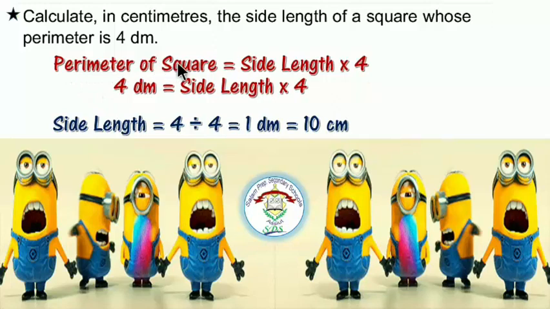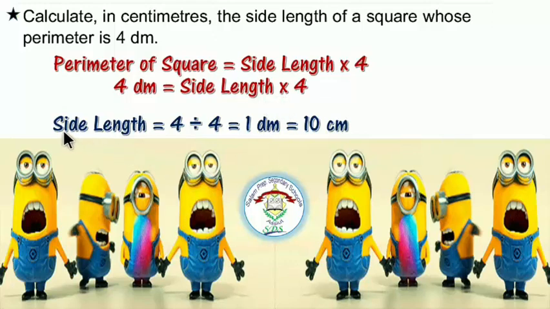Perimeter of square equals 4 decimeters equals side length, which is not given, it's required, times 4. When we need to find the side length, we will inverse this times to be divided.